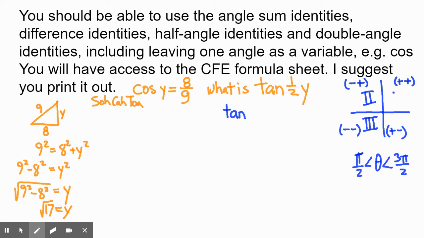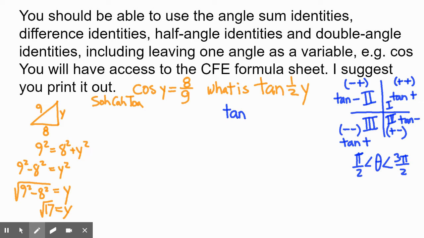So tangent is going to be positive where it's positive, positive, and tangent is going to be positive where it's negative, negative, right? Because it's one over the other. And then tangent's going to be negative in quadrant 2, and tangent's going to be negative in quadrant 4 as well. There's 4, and there's 1. Okay, so there's all that.